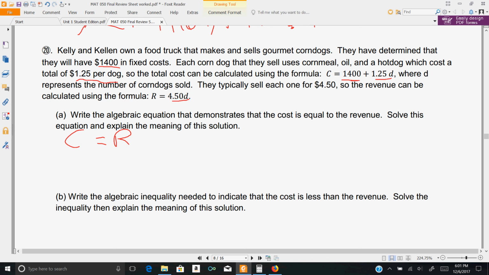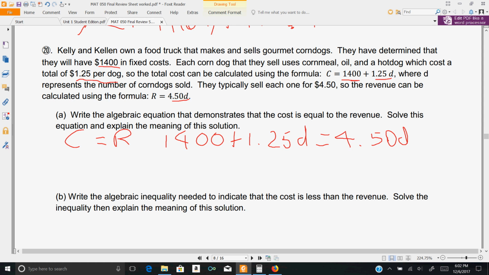So I'm going to take my cost equation, and I'm going to say it's equal to the revenue equation.